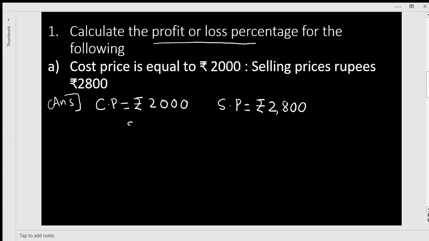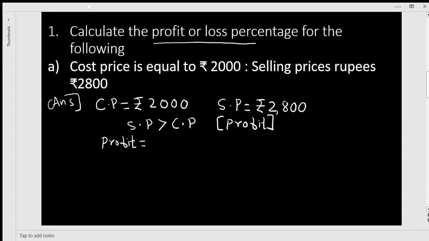After reading the sum, recollect is it profit or loss? So when selling price is greater than cost price, it will be profit. Correct students? Selling price is greater than cost price, so it is profit. Fine. So profit, what is the formula for profit? Profit is SP minus CP.